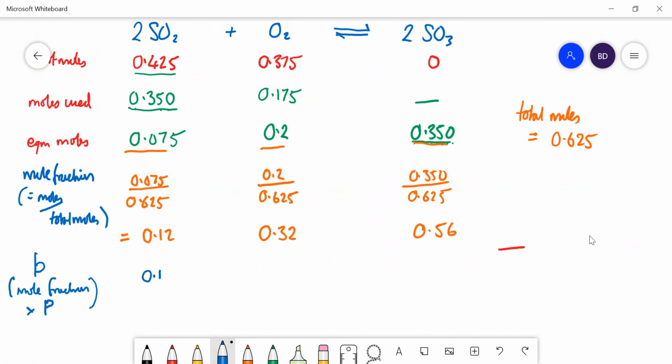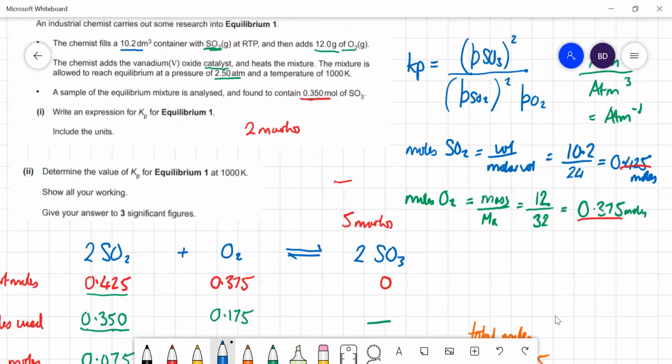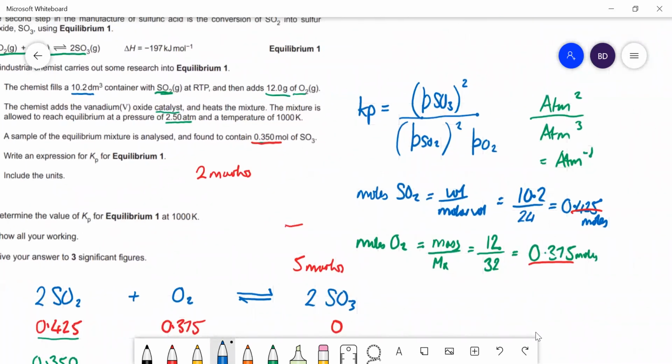So that's going to be 0.12 big P total pressure, 0.32 P, and 0.56 P. Now we need to put those into the Kp expression, which we've worked out previously up here. I'll just cut and paste it. There's our expression for Kp.